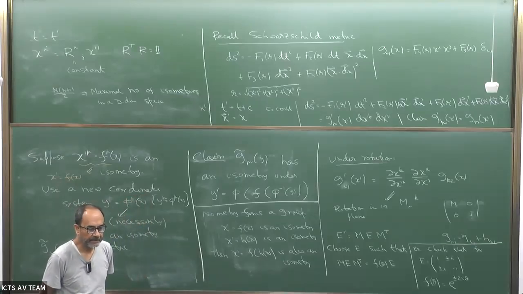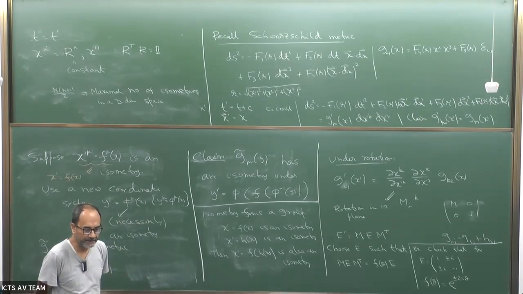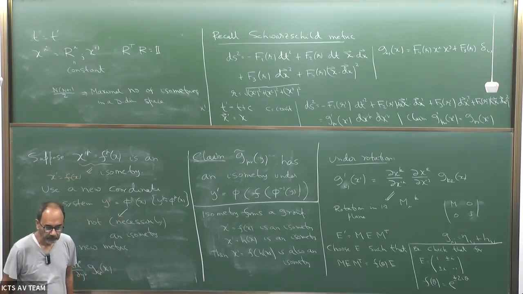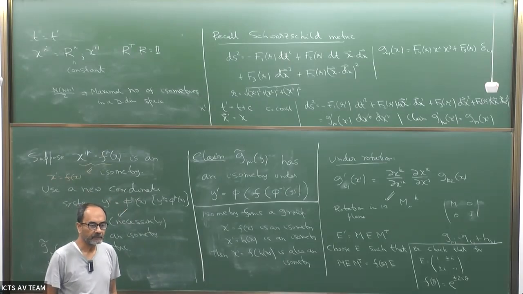Yes, indeed. In Euclidean space, it's true. This is the story. If you have Lorentzian signature, it's the same story, but the spaces are a little different. Fortunately, we will not really need the Lorentzian case for our purpose.